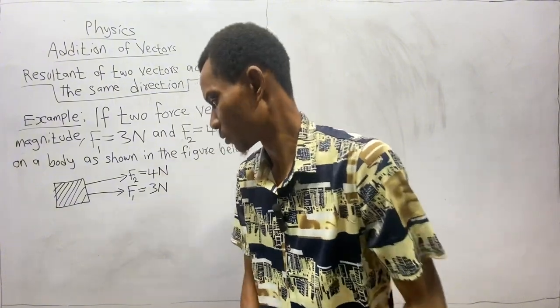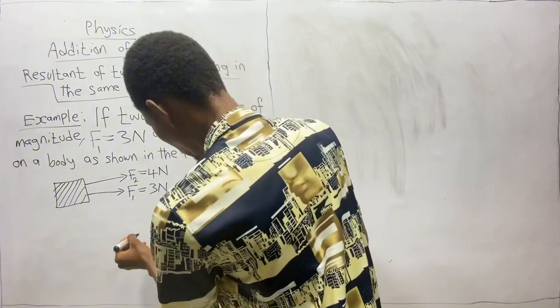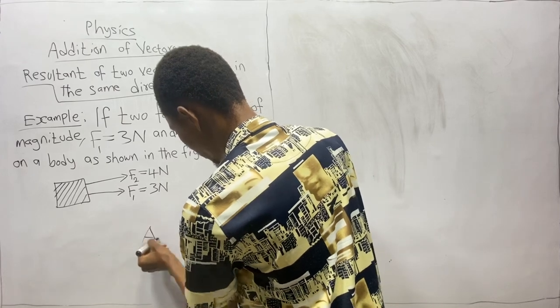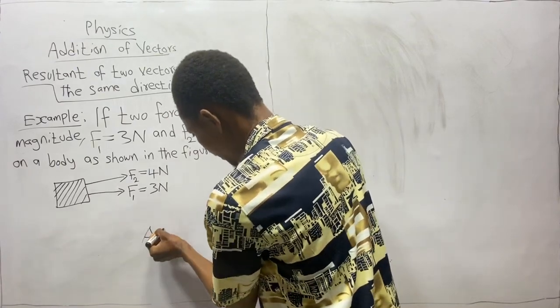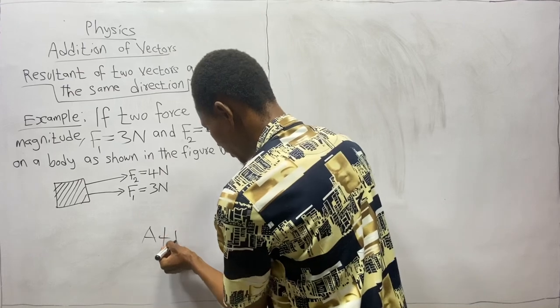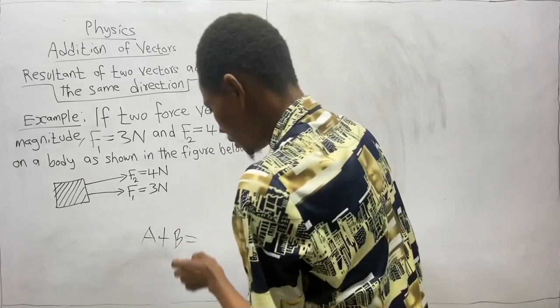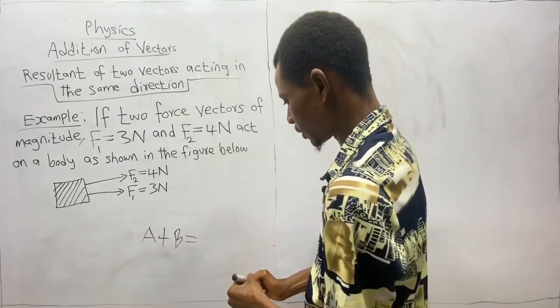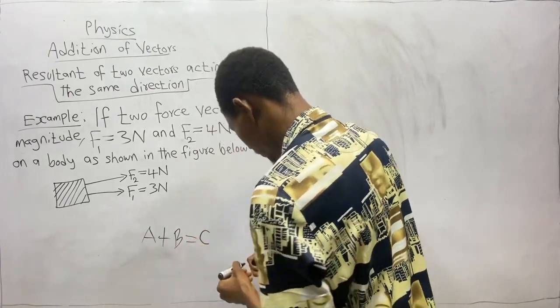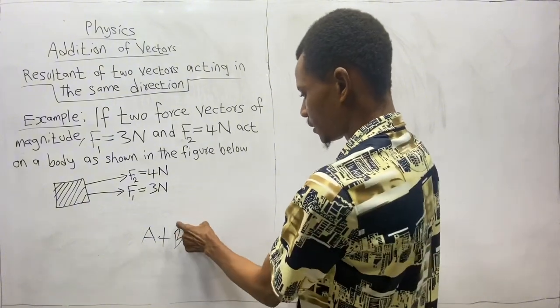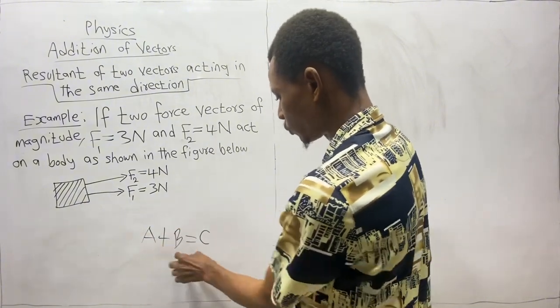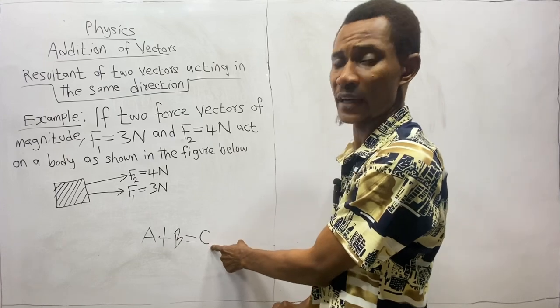Now let me put it this way. If this is vector A being added to a vector B, these two vectors will add up to give a vector C. As you can see, there are two vectors that added up to give what? One singular vector, which is what?